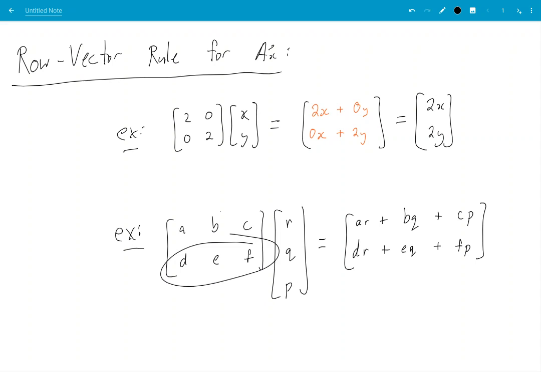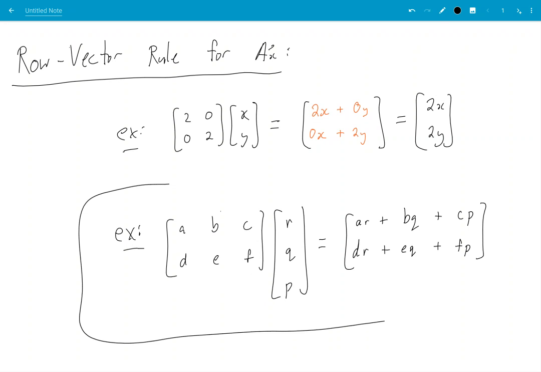So that is, I think, an example here that really summarizes well. So what we're saying is you can do this product here in another way. And it's equivalent to the first way I showed you.